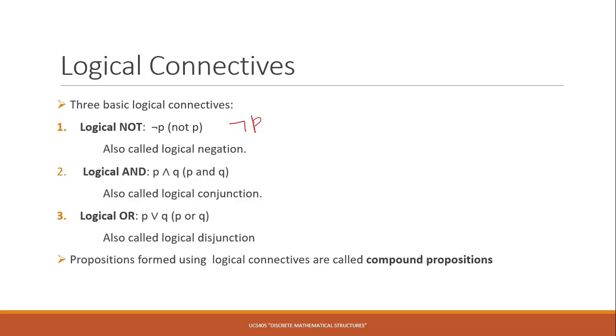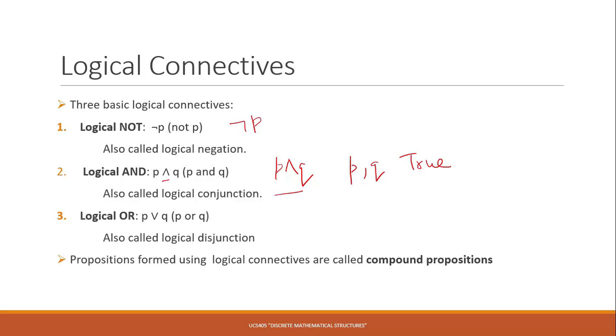Second, logical and, represented by this symbol, P and Q. It is also known as conjunction. P and Q will be true when both P and Q are true. Otherwise, it will be false.